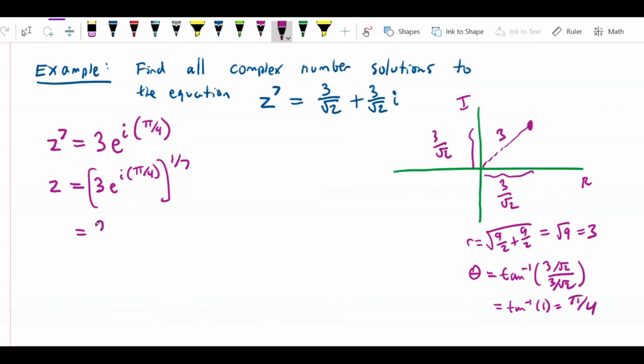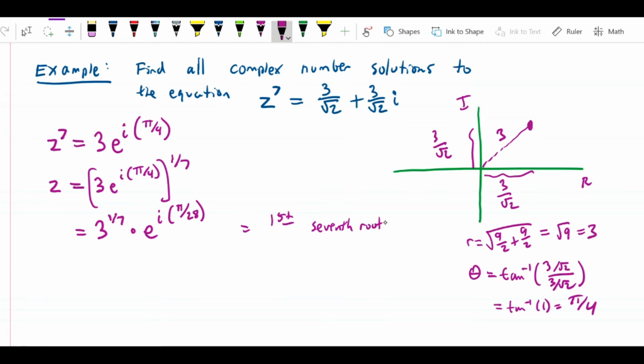We're going to get 3 to the 1/7 times, when I nest exponents, I simply multiply the exponents together, so that's going to be e to the i, pi over 4 times 1/7 is pi over 28. So this is equal to the first of the seventh roots.